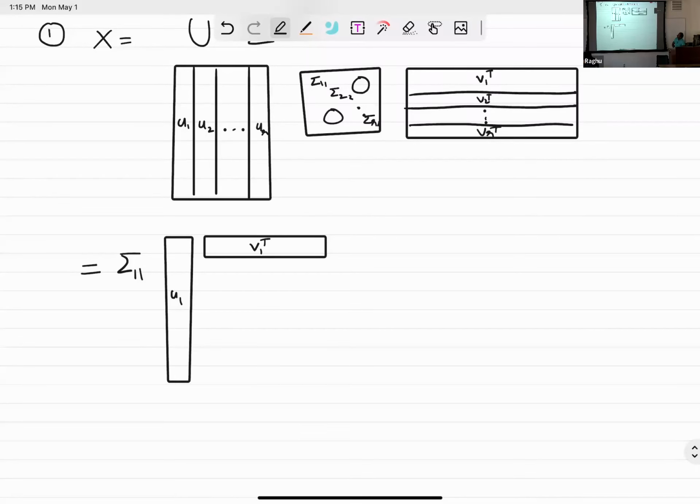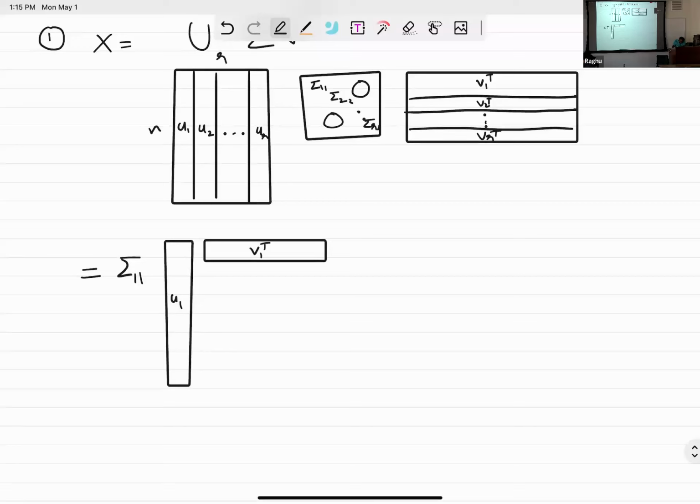You can write it as a sum of rank 1 matrices. So U1 times V1 transpose, this is an n by d matrix, which is rank 1, because I'm writing it as U times V, which are vectors. So these are n by r, r by r, r by d, and this is n by d. But this is rank 1.